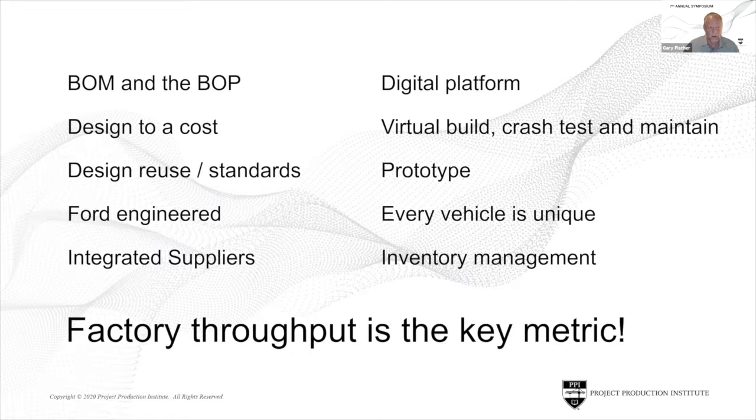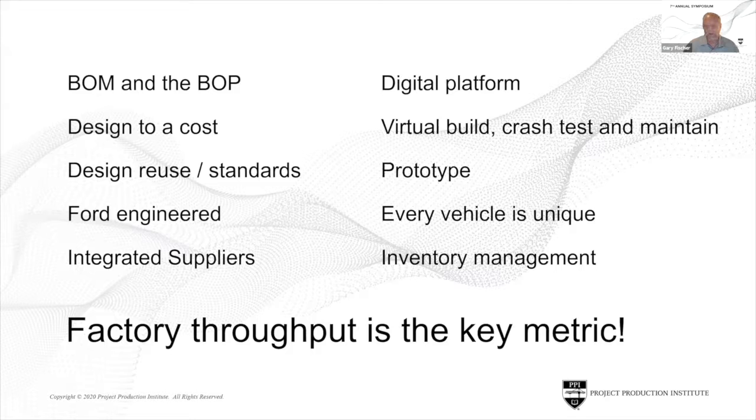And then that results in a complete bill of material. Literally every screw, every bolt, every rivet is accounted for in the design from point A to point B. We have none of that. Everything is designed completely. What a difference. They design to a cost. They have a really good cost structure.